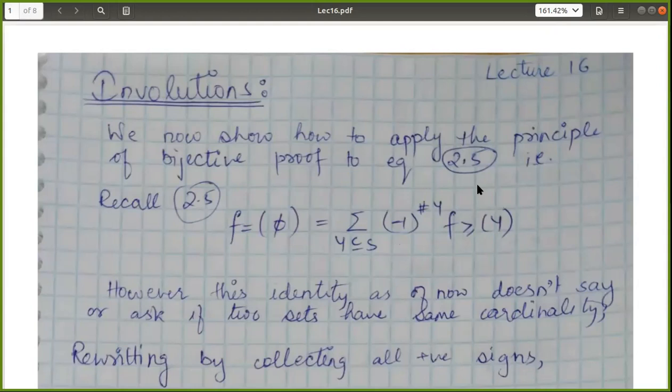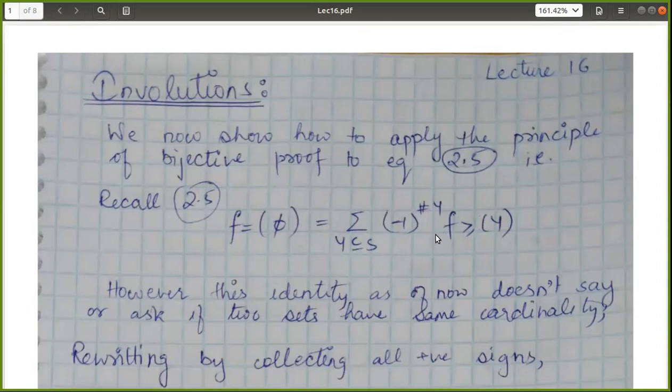But as we said in the last lecture itself, whenever you are doing this counting, this really is not counting the cardinality of some set. It's a difference of some numbers.